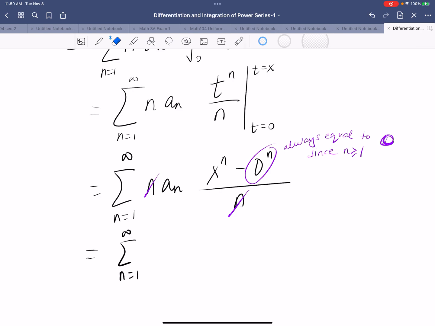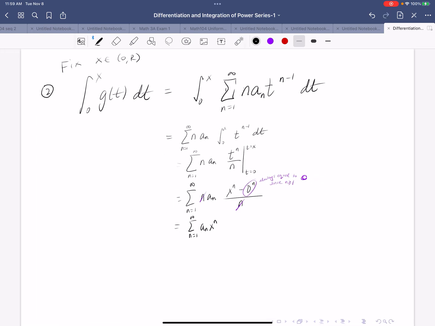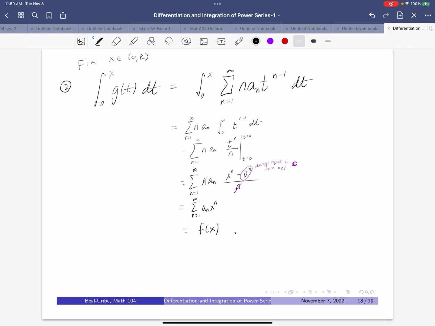I'll just be left with a sub n times x to the n, which is precisely f of x. Okay, so the argument for when x is less than 0 is very similar to what we did before. You do it at the end, you're going to get a minus, and then use the properties of integrals to rewrite it.